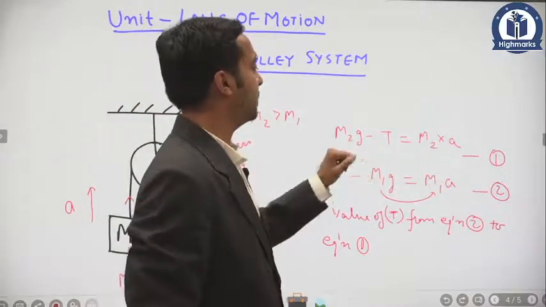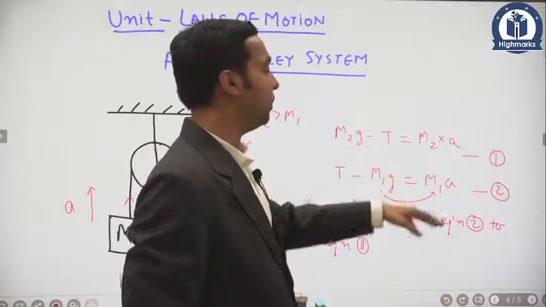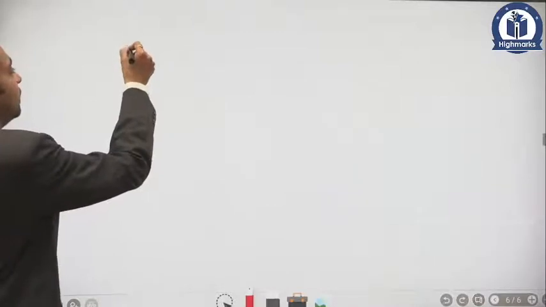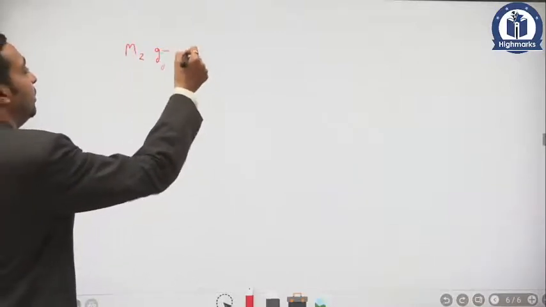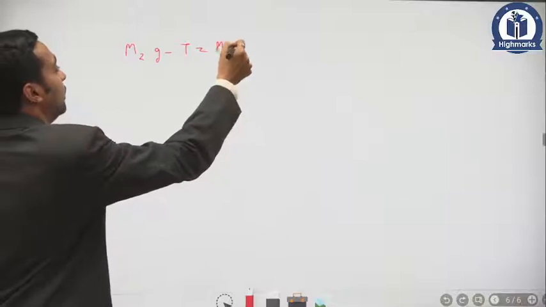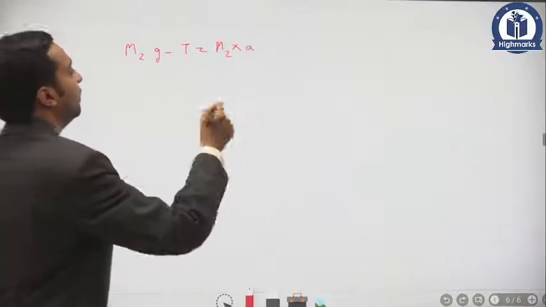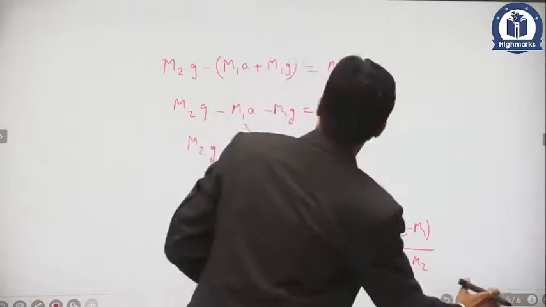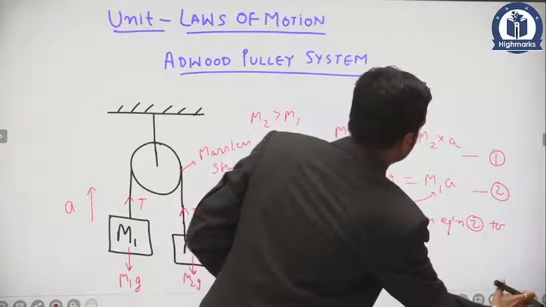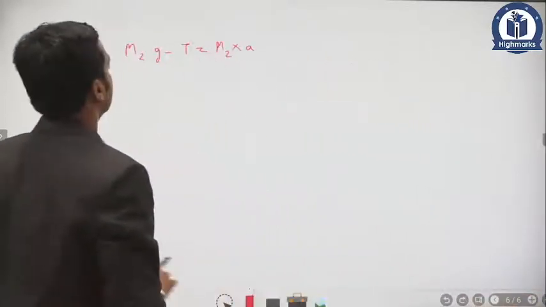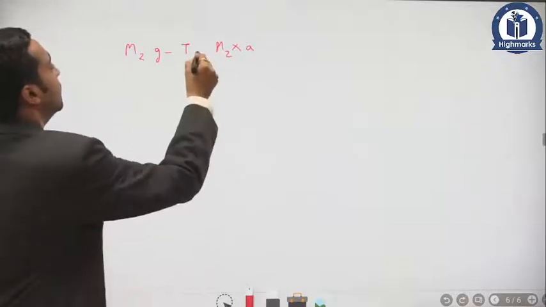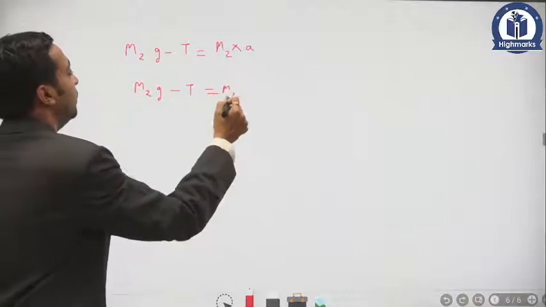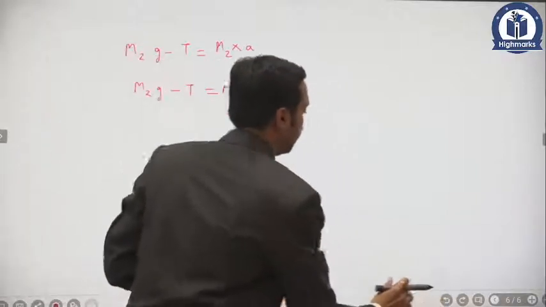So let's say I will take equation 1, M2g minus T is equal to M2 into A. And what is the value of A?